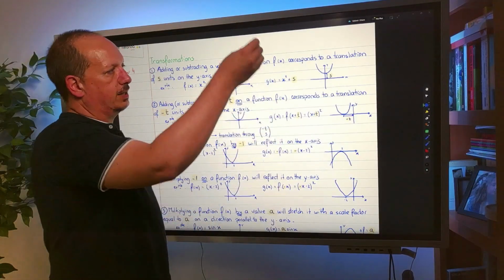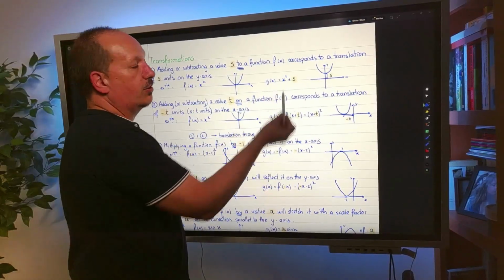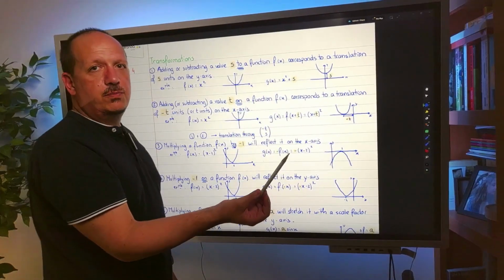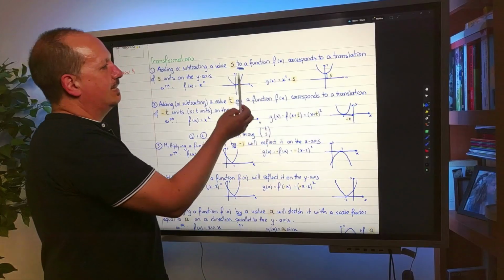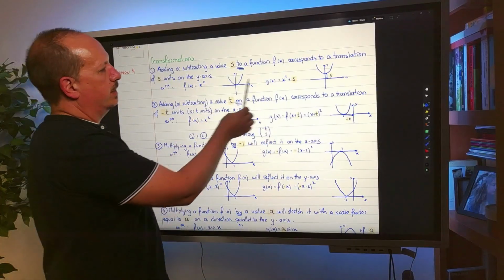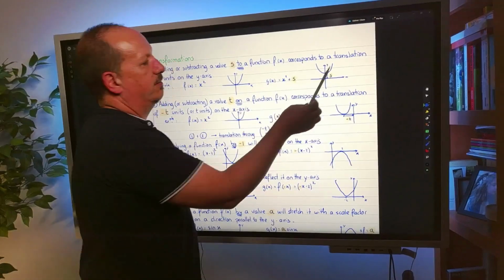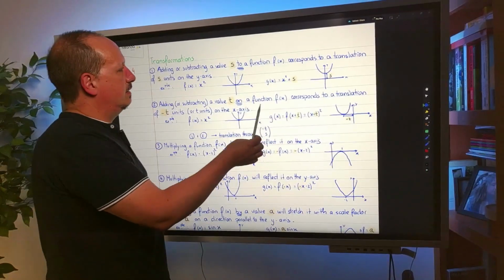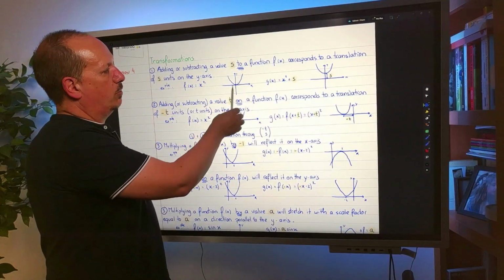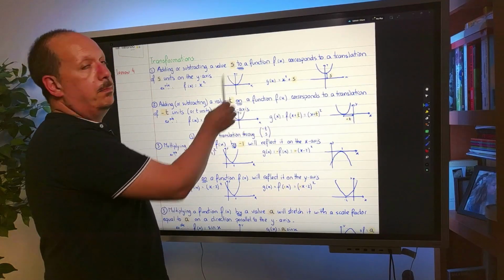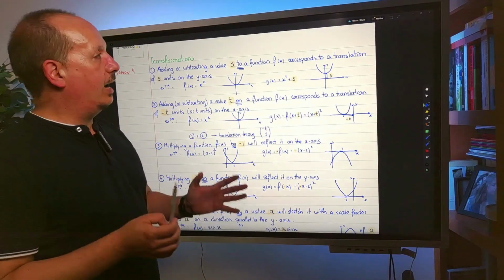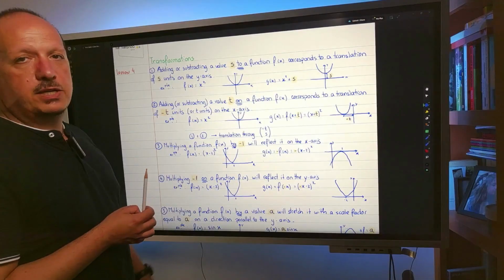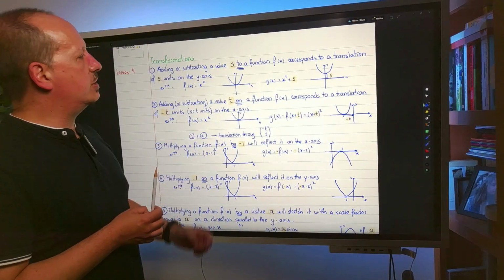If I want to bring it down by 3 units, I subtract 3. And that's all you have to do. So the difference between x squared and x squared plus 5 is the fact that the parabola moved up by 5 units, every single value. Okay, so the shape stays the same and it just goes up.